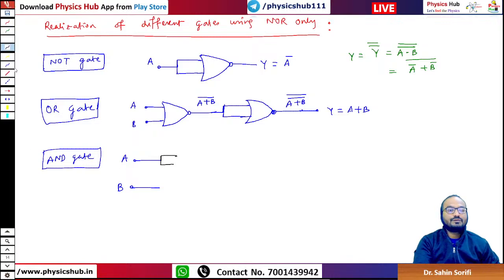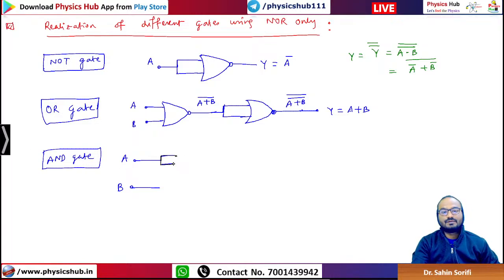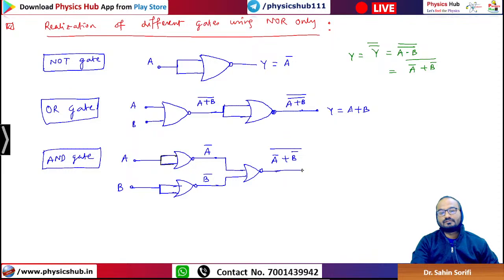So, we need two inputs, NOR gate, A complement, NOR gate, B complement. Now, we have to add them and take complement. Understood?